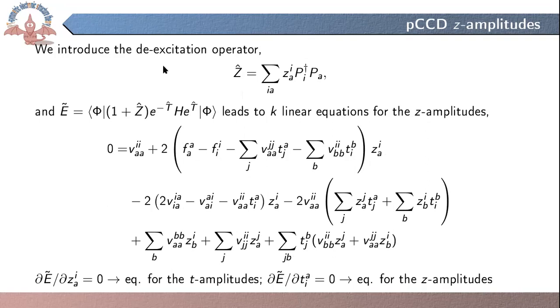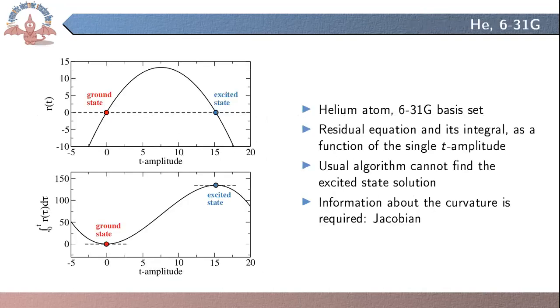And then we express the energy as a functional, and this gives rise to also a set of K equations, now linear in the Z amplitudes. So if we impose a stationary condition for the functional with respect to the Z amplitudes, you immediately recover the previous equation for the T amplitudes and therefore for the energy. And if you do the same for the T amplitudes, then you have a set of equations for the Z amplitudes. So you can solve for these two sets of amplitudes.